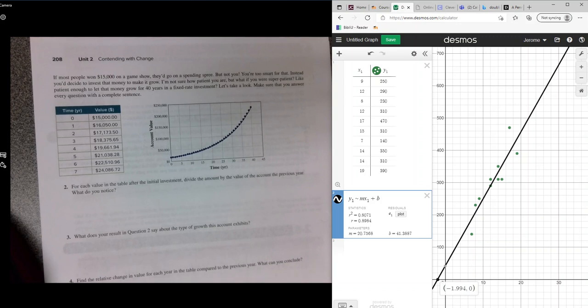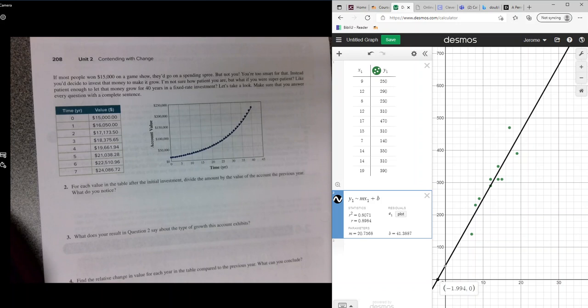You're too smart for that. Instead, you decide to invest that money to make it grow. I'm not sure how patient you are, but what if you were super patient, patient enough to let that money grow for 40 years in a fixed rate investment? Let's take a look. Make sure that you answer every question with a complete sentence.